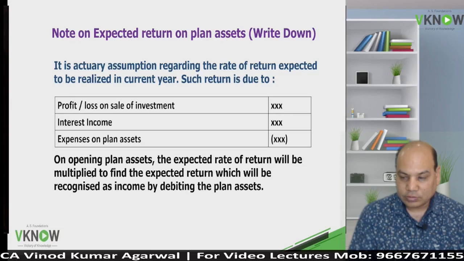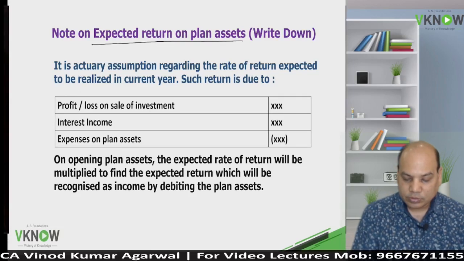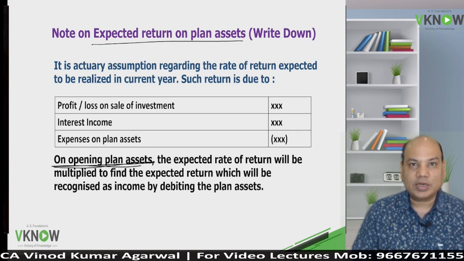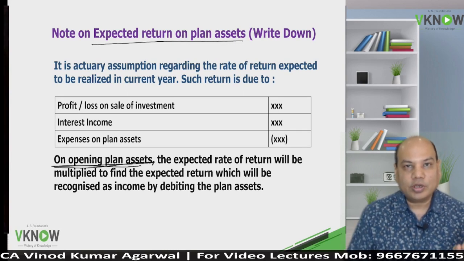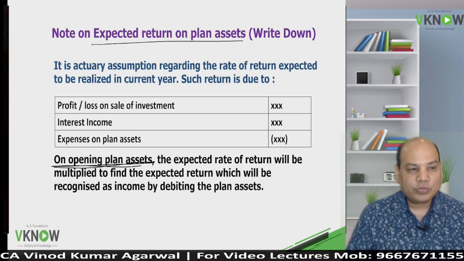Then next, write down what is the treatment of expected rate of return on opening plan asset. Just like you have recorded interest cost on opening liability, you are going to record expected return on opening plan asset.